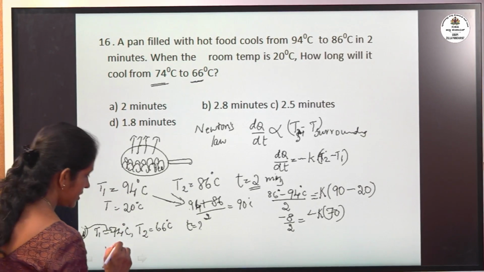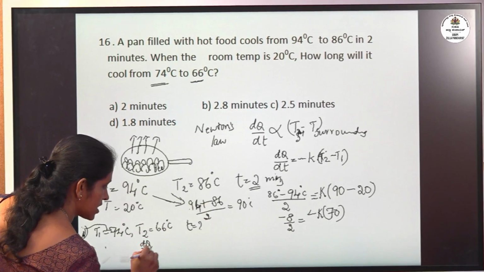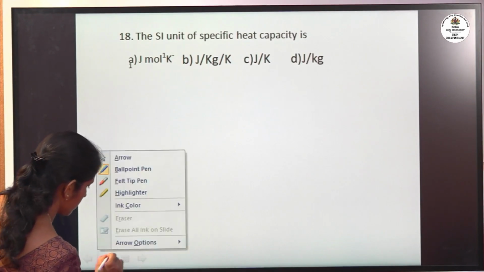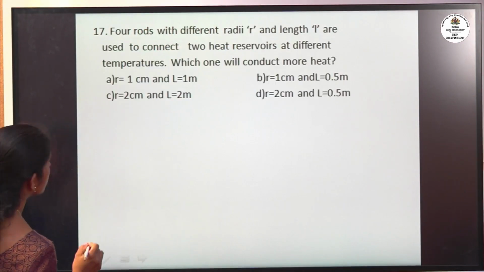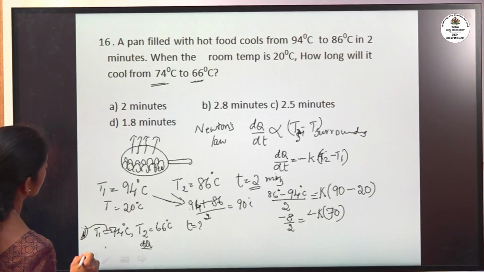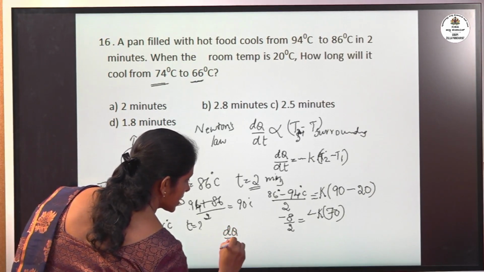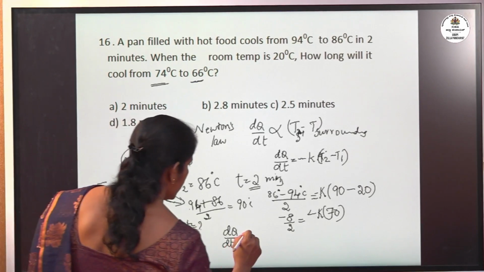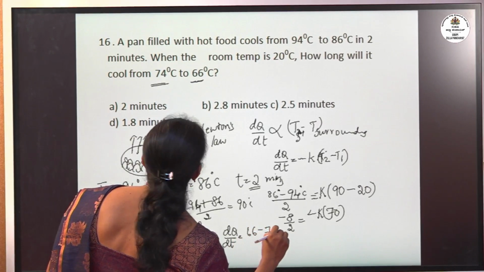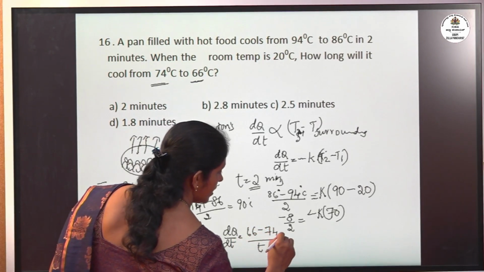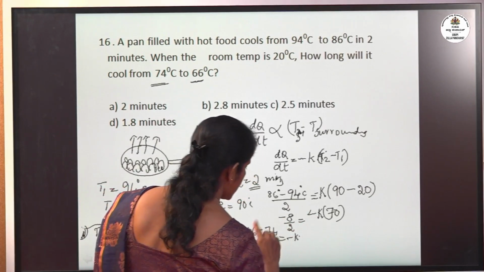To calculate T, we use the equation for rate of flow of heat. Again use the same law, Newton's law of cooling. dQ by dt for the second case is equal to final temperature minus initial temperature divided by time taken, is equal to minus K into temperature difference between system and surrounding.